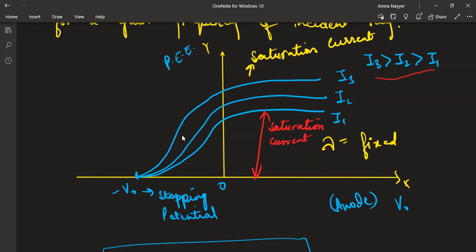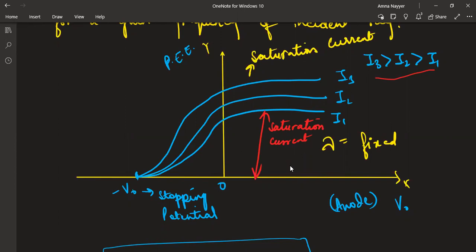Remember the first graph: increasing intensity increases photoelectric current. So if I increase the intensity to I3, I3 will give more photoelectric current than I1. Look here, this is I1, this is I3. But again, saturation current is reached at its maximum point. Saturation currents have different values if intensities are different, because we know intensity and photoelectric current depend on each other.